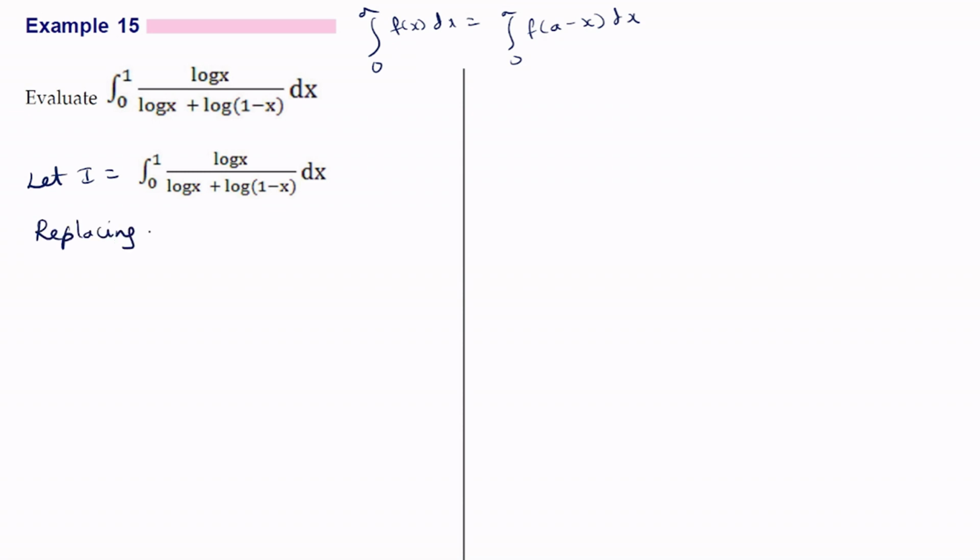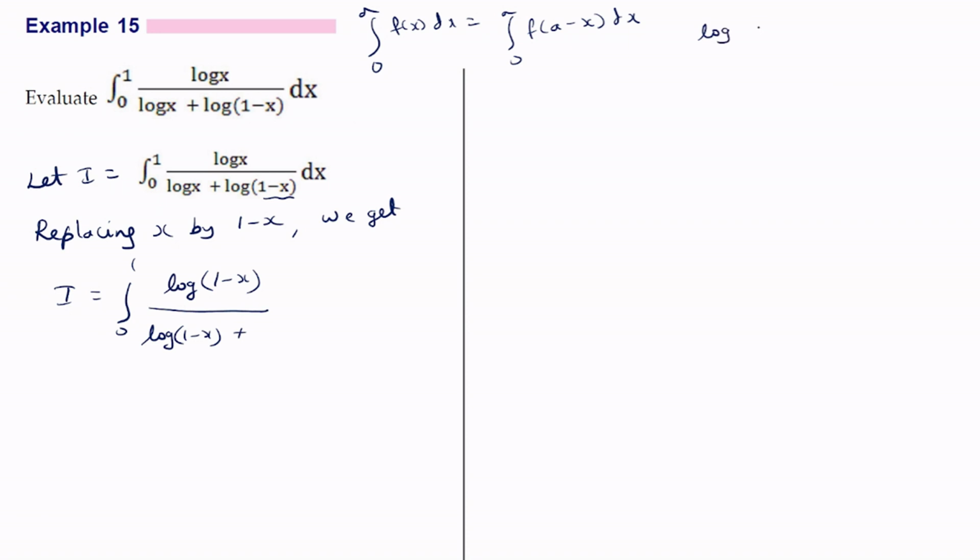Replacing x by 1 minus x, we get I equal to integral 0 to 1 log 1 minus x upon log 1 minus x plus, here if we put 1 minus x in place of x, we will get log 1 minus 1 plus x. So here we will get log x dx.